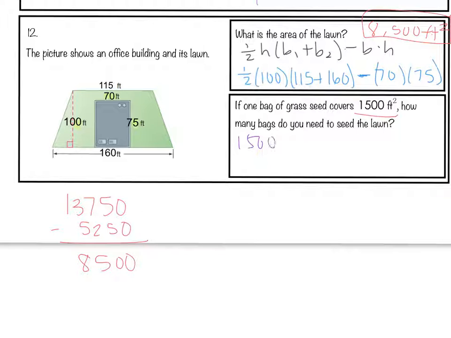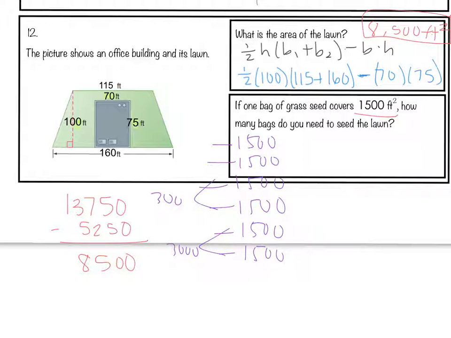If I start listing those, 1,500, 1,500, 1,500, 1,500 plus 1,500 give me 3,000, plus another 3,000 would be 6,000, plus another 3,000, right, because these two together give me 3,000, these would give me 3,000, and these two here would give me 3,000.